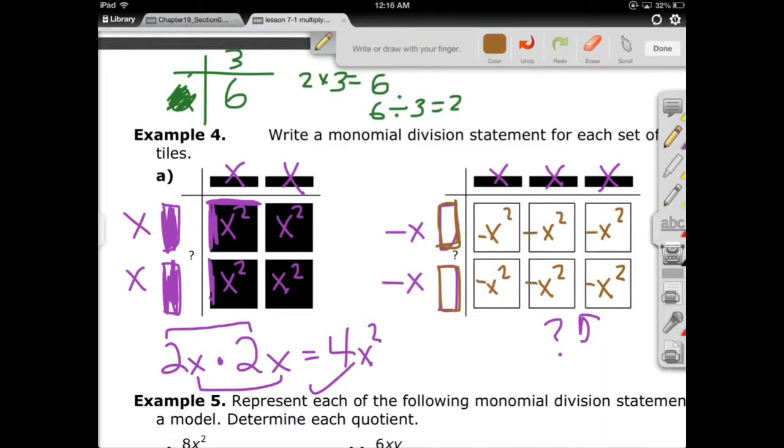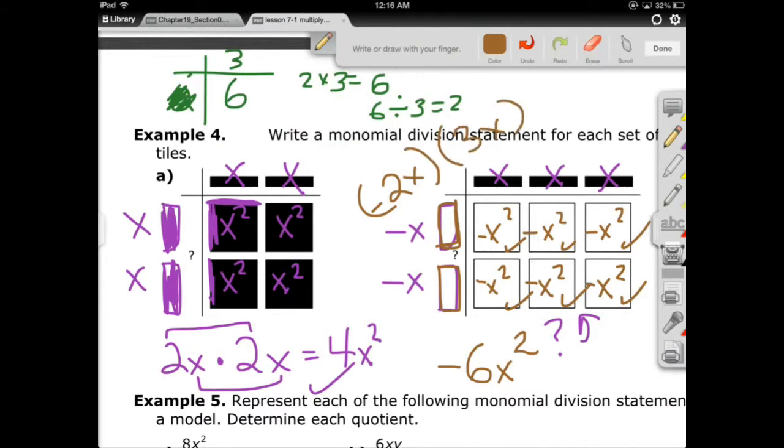And how many? 1, 2, 3, 4, 5, 6. Negative 6 x squareds come from the statement negative 2x. Now I'll use parentheses these times. Multiply by 3x.